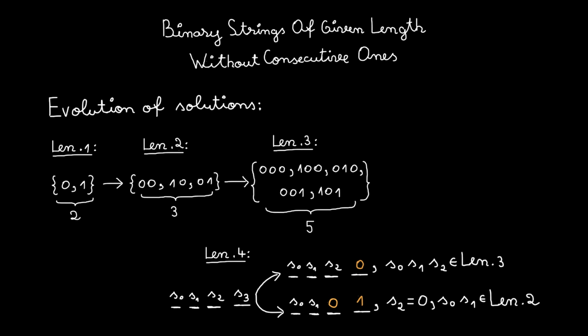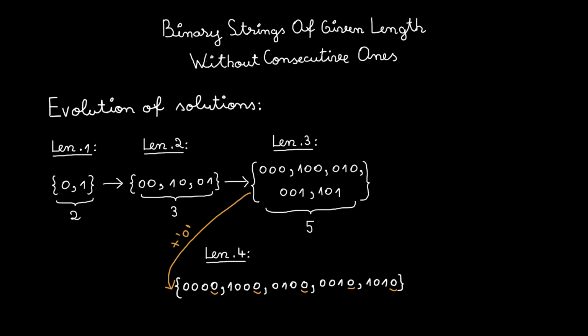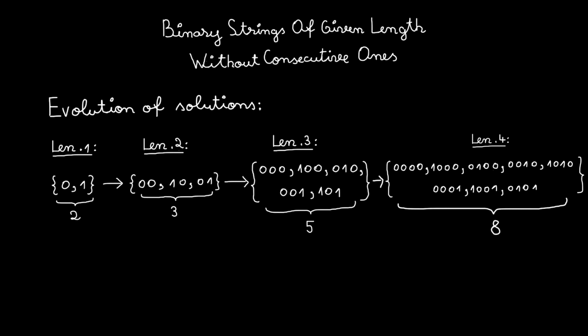So what we should do instead is pick each string from the length 3 set and insert a 0 to the end of it, and then pick each string from the length 2 set and insert the characters 0, 1 to its end. And here we have the valid strings of length 4. As you can see, they are a total of 8.